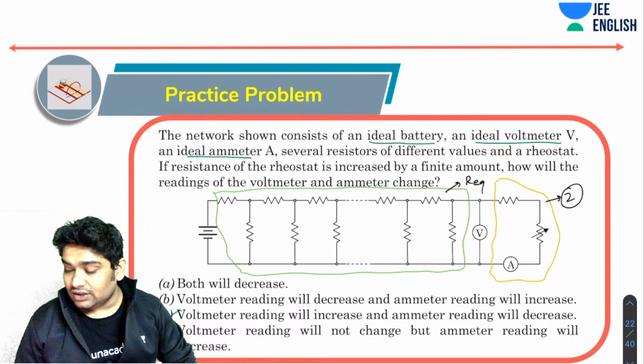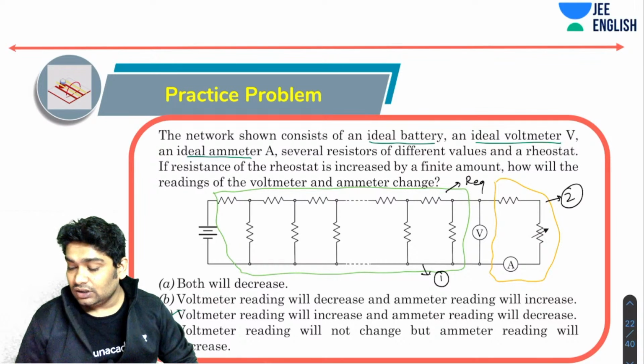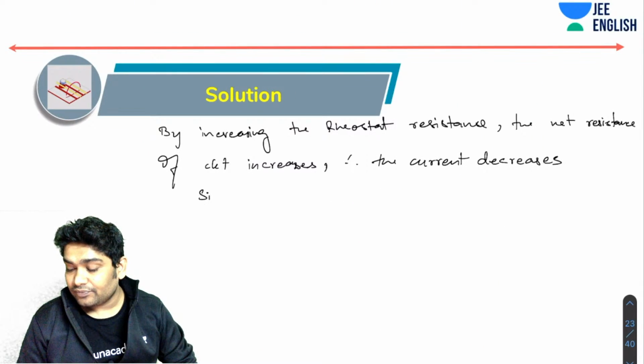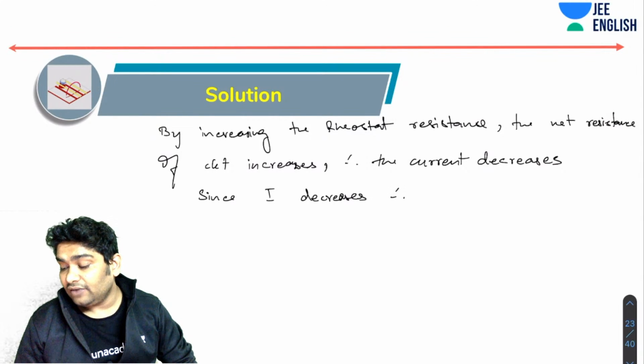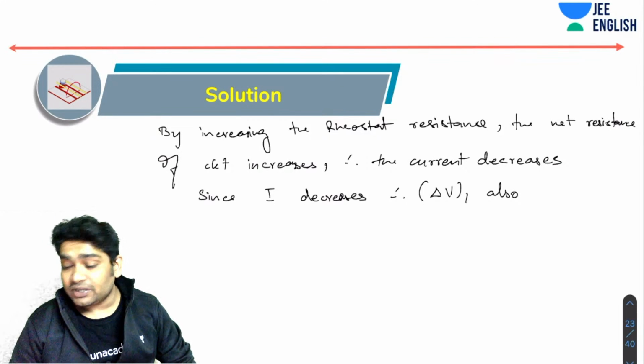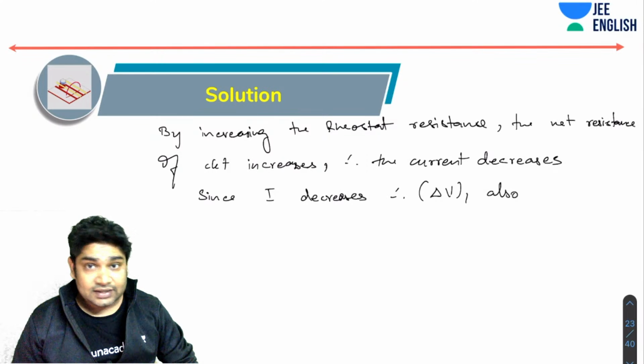Let's call this section 1 and that section 2. Since I decreases, delta V across 1 also decreases, because for that part the resistance remains the same and the current has decreased.